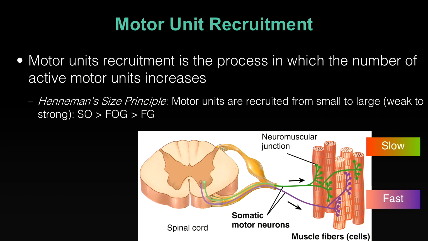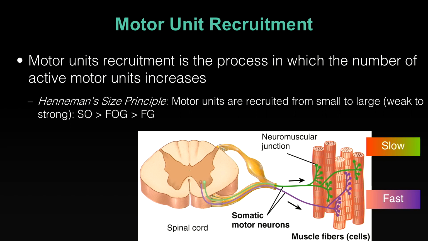If the work that you're doing is too much for those slow oxidative fibers, then you will progressively recruit more motor units. More slow oxidative motor units, and if you need to, larger motor units. You'll recruit the fast oxidative glycolytic, the type 2As, the hybrids.